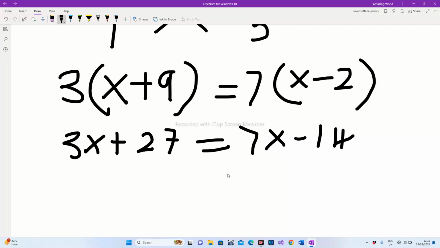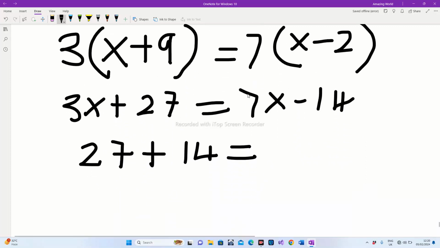So from here we can collect like terms. So okay, I can do this. 27, which is this, then this negative 14 when it comes over here will become positive 14, then this 7x subtract 3x.